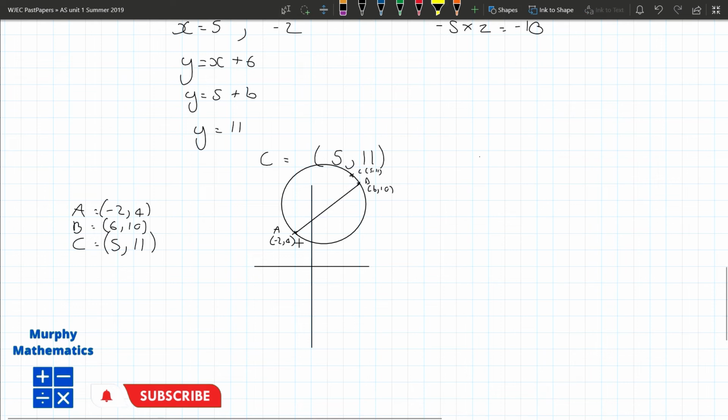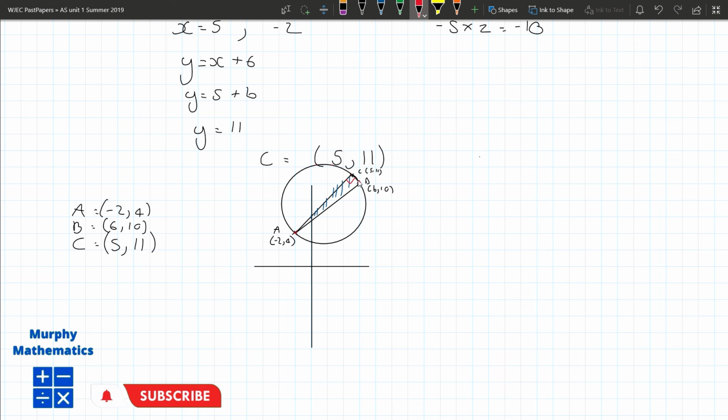I know my y equals x plus 6 crosses A and then hits C, so I got it here. And then I've just got a line that connects C and B. And so we're asked to find this area in here. Okay, and we know that this is going to be a right-angled triangle because we're dealing with 2 points on the diameter. No matter where this third point is, this will always make a 90-degree angle.